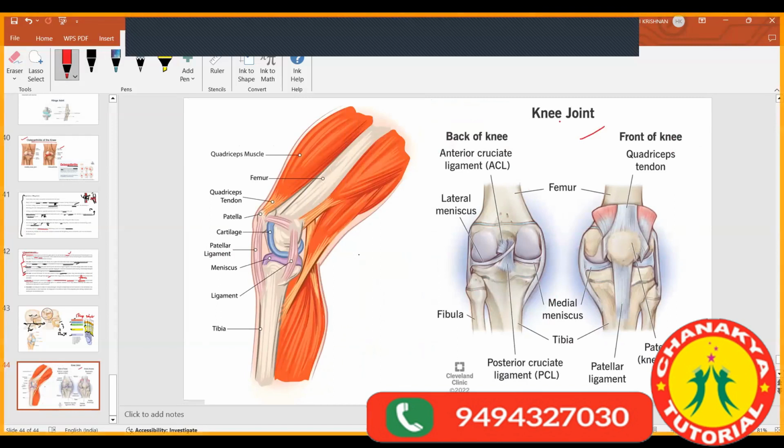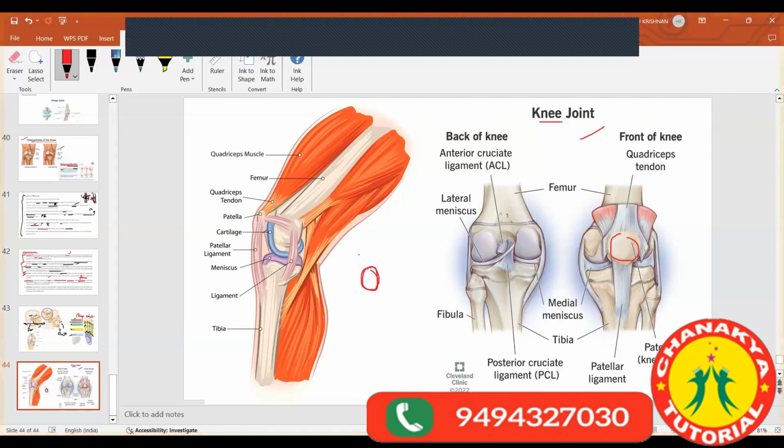This is the knee joint exactly. So the patella is the kneecap. Do you know what this patella is? You will feel a round structure in your knee. Can you feel it? It will be there in the middle of the knee. Yes, ma'am. That is the patella, the kneecap.